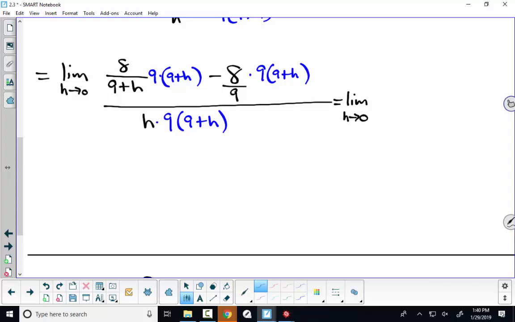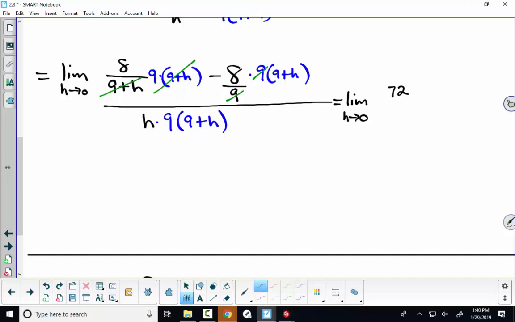So our first term, the 9 plus h cancels out. So we've got the 9 plus h canceling with this 9 plus h. You're left with 8 times 9. Second term, we've got 8/9 times 9 times 9 plus h. So the 9's divide away here.